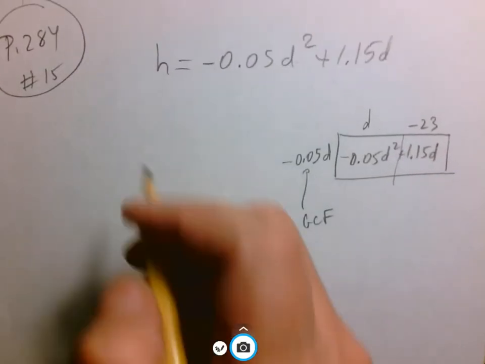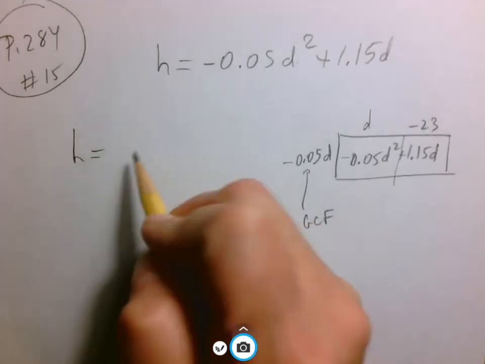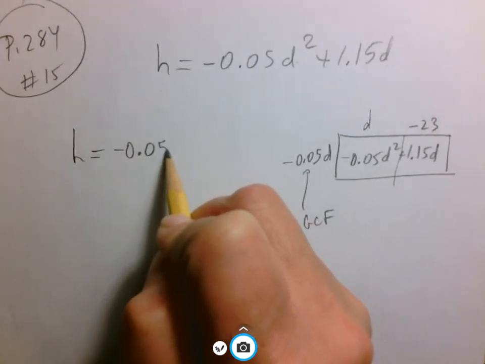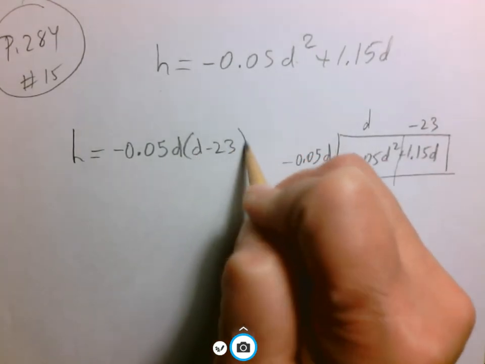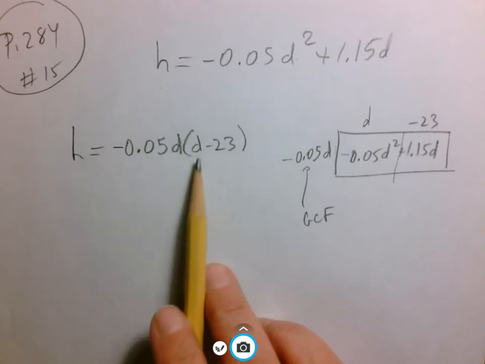So this means that I can write this in factored form as negative 0.05d times d minus 23. Okay, this is factored form.